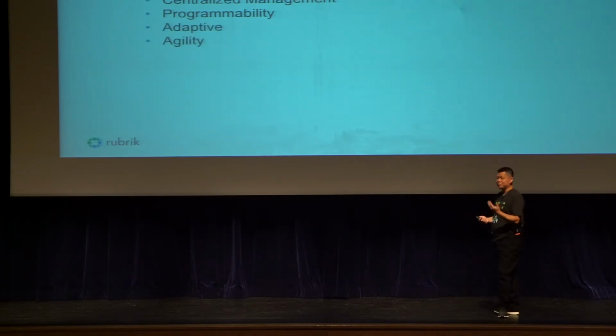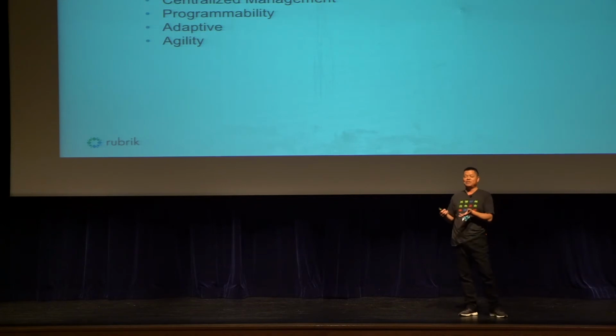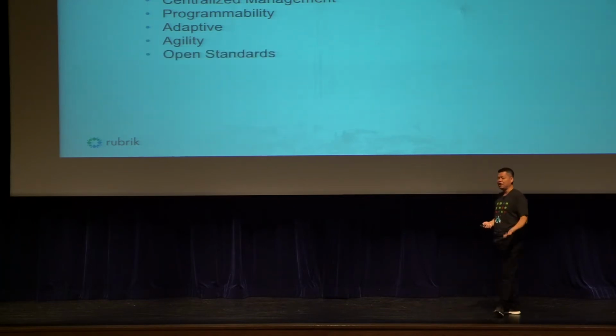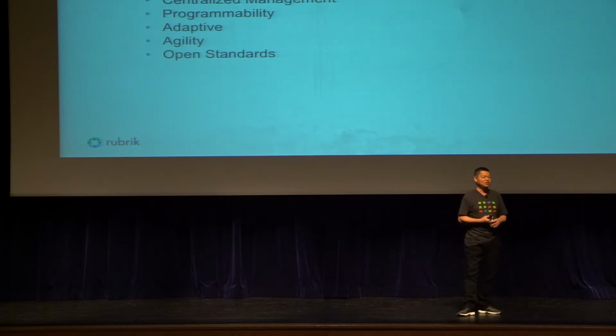Right, so making it very adaptive, very agile. Instead of having to wait a week to have a change in the networking, now things can be done dynamically. And the idea of open standards was a big part of SDN, that no one vendor should own what SDN means and what SDN can do.